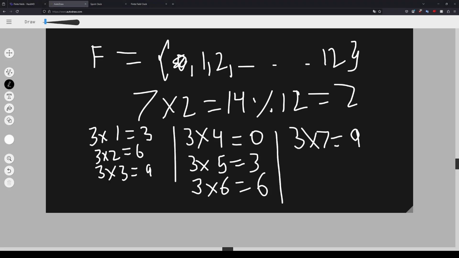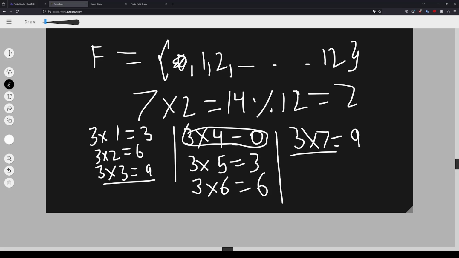Cyclic loop or duplicity paradox, as you can see from the table. 3 times 3 equal to 9, but 3 times 7 also equal to 9, which does not make sense, which suggests that 3 and 7 are equivalent, which is not true. We also get absurd results like 3 times 4 equal to 0. This makes no sense.